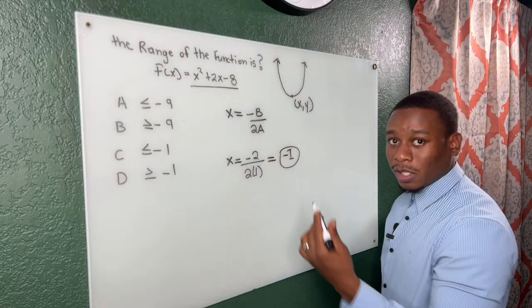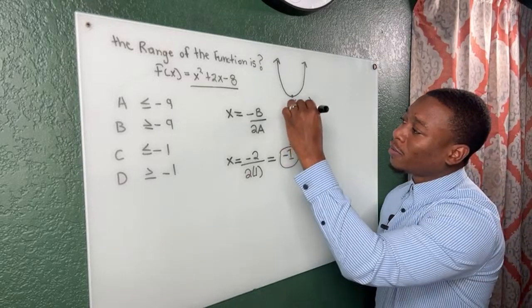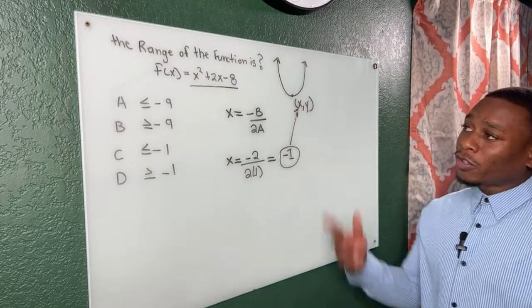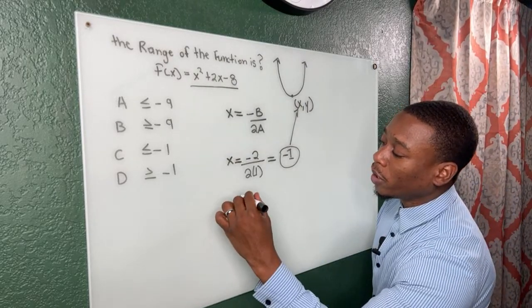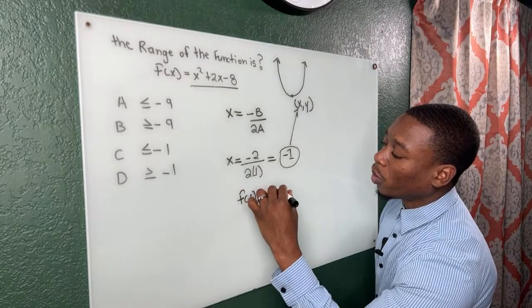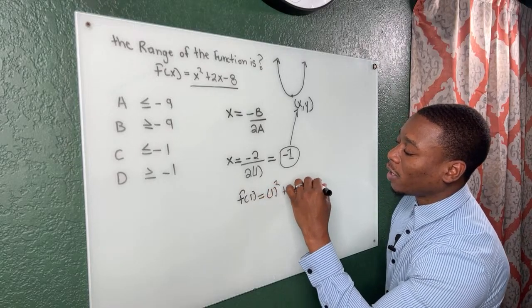Now what does this represent? This represents the x-coordinate for the vertex. Now for us to figure out the y, we just need to plug that negative 1 in. So f of negative 1 is equal to negative 1 squared plus 2 times negative 1 minus 8.